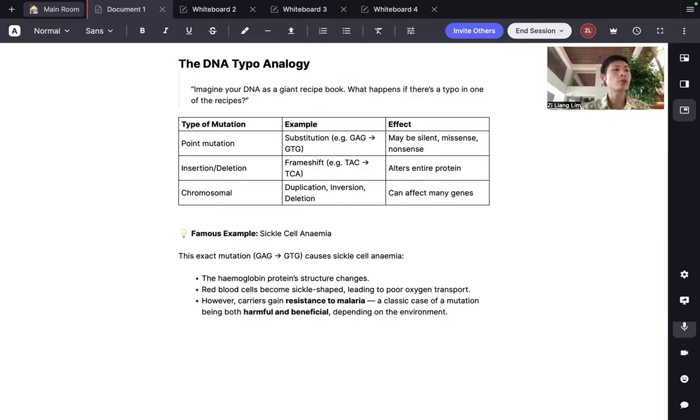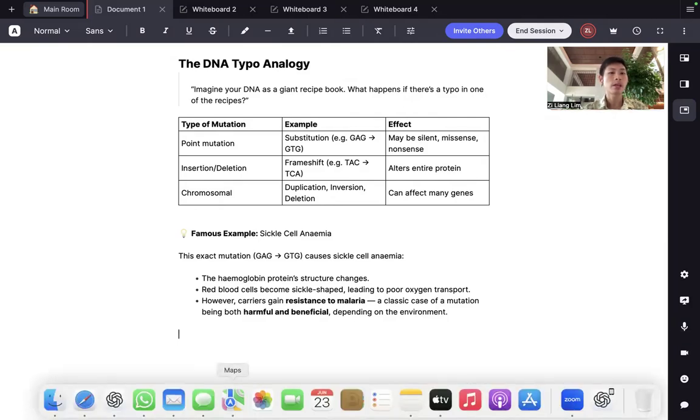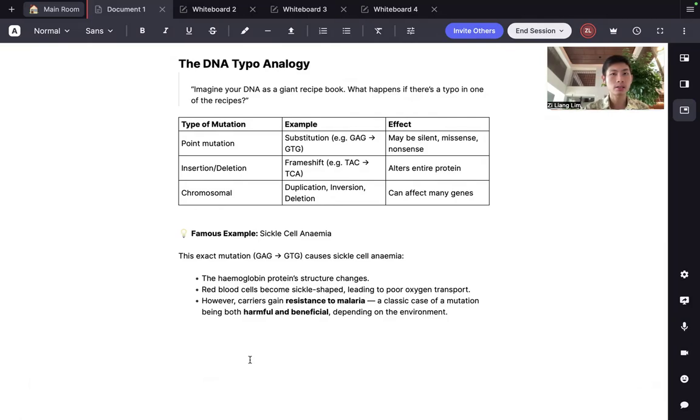Okay, so like I said, if you are changing the start codon to something else, it has a functional impact. The functional impact is, if TAC is the start codon, then changing it to TCA means that there is no initiation of translation, which means that the protein won't function or won't form at all.